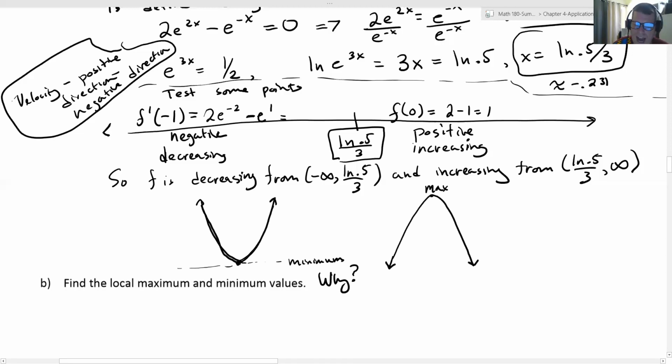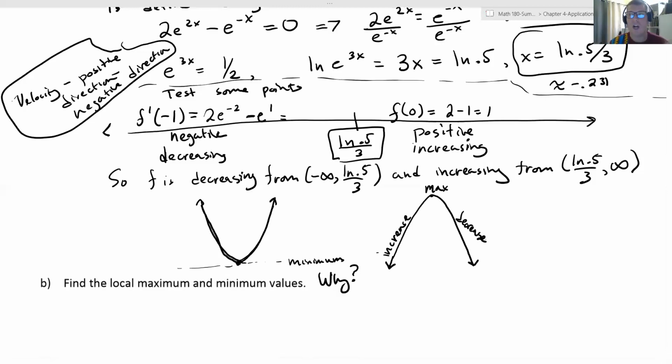So what is happening on either side of the critical number determines whether it's a minimum or maximum. If we increase, and then we hit the max, and then we start to decrease, that's what a max has to do. You were saying it's a cube, or thinking of it as a parabola.